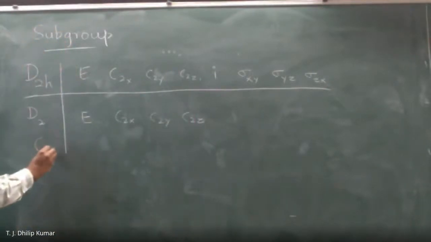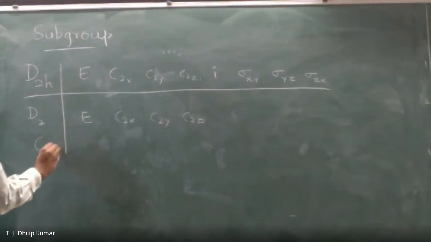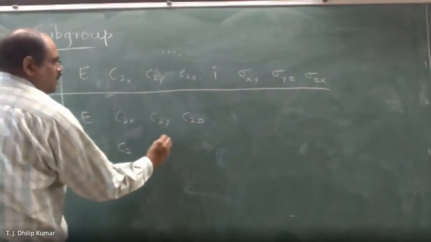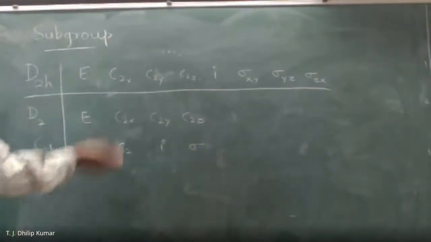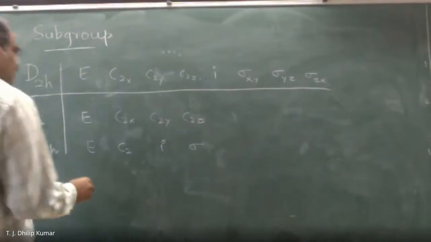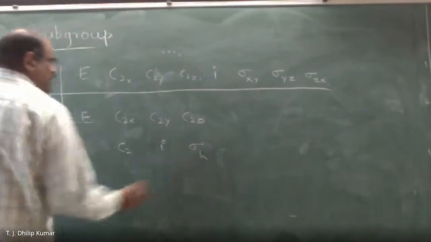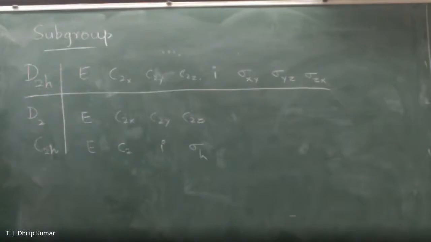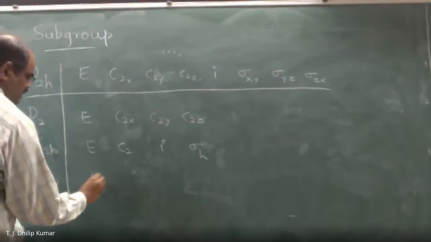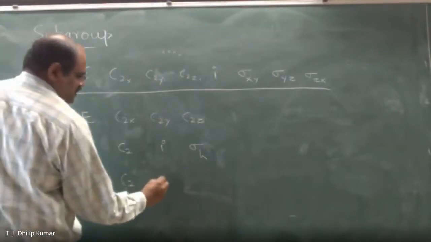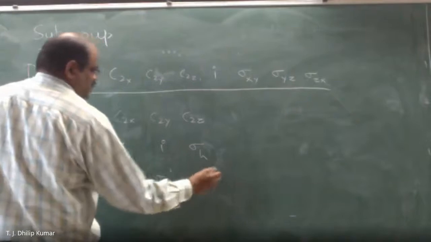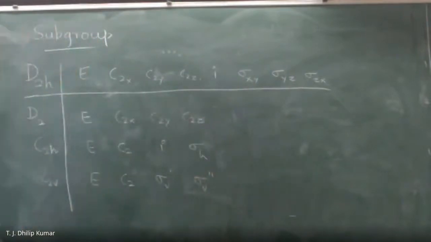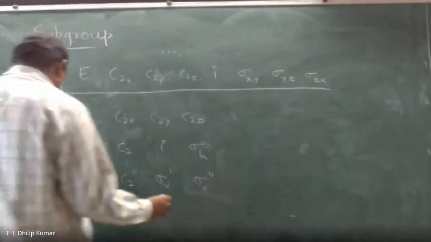Like C2h, it could be. If you write C2h: E, C2, i, and sigma h. Out of these three sigmas, the one is sigma h. And then that could be C2v also: E, C2, sigma v prime and sigma v double prime. That could be two sigma v's. You can say it's XZ and YZ.